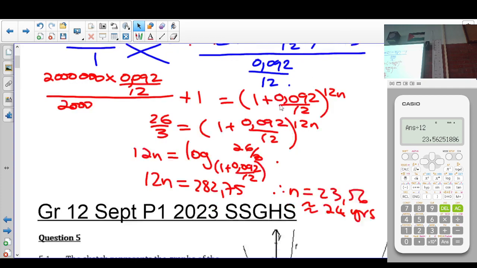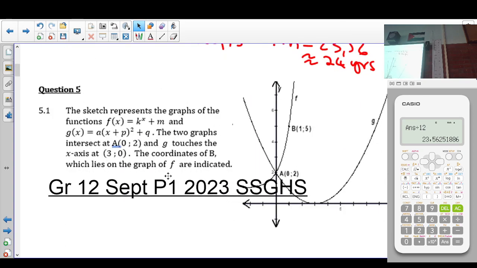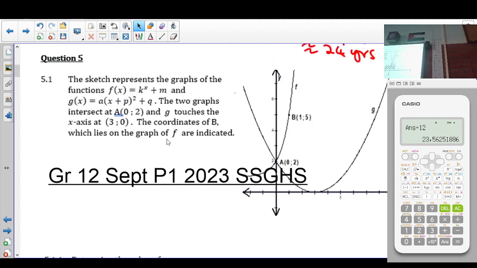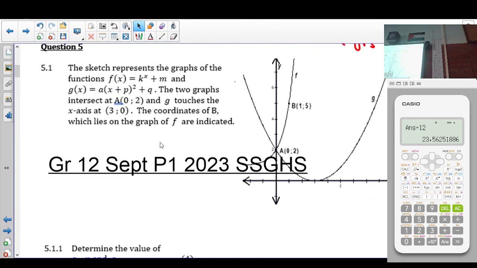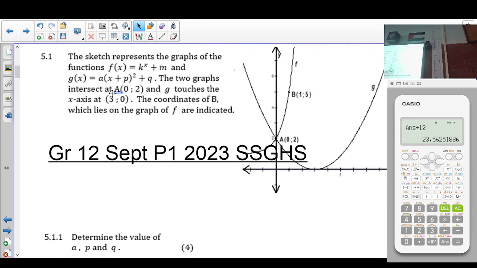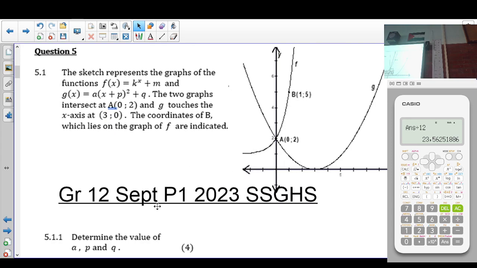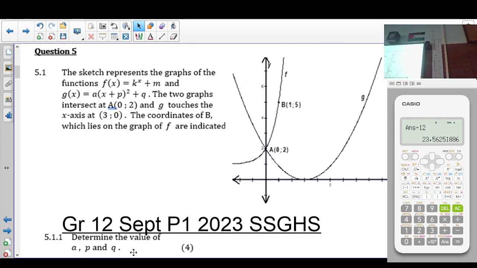Okay, so now we're moving to the graph section of the paper, Question 5.